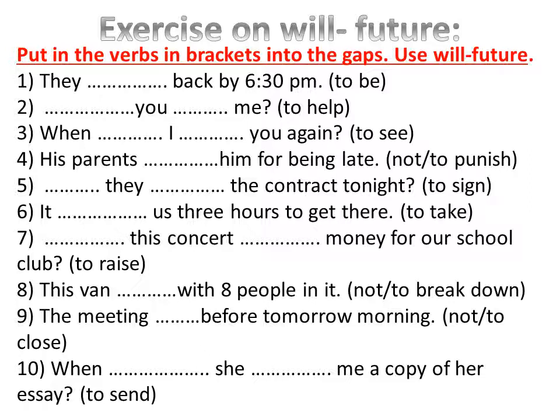For example, you will have to pay a fine if you don't pay your tax on time. And number 10, we use will for threat. For example, study hard or you will fail. Let's have another example. Give me all your money or you will die.